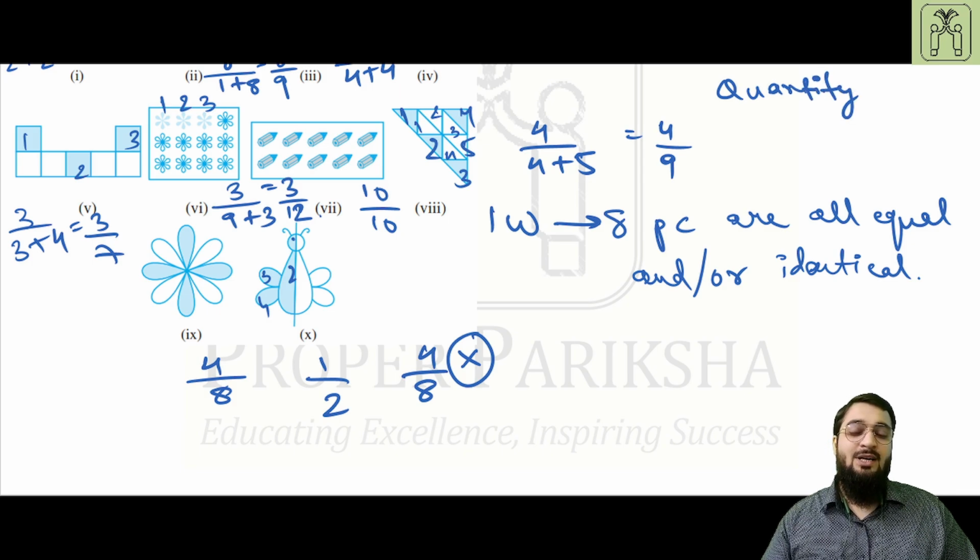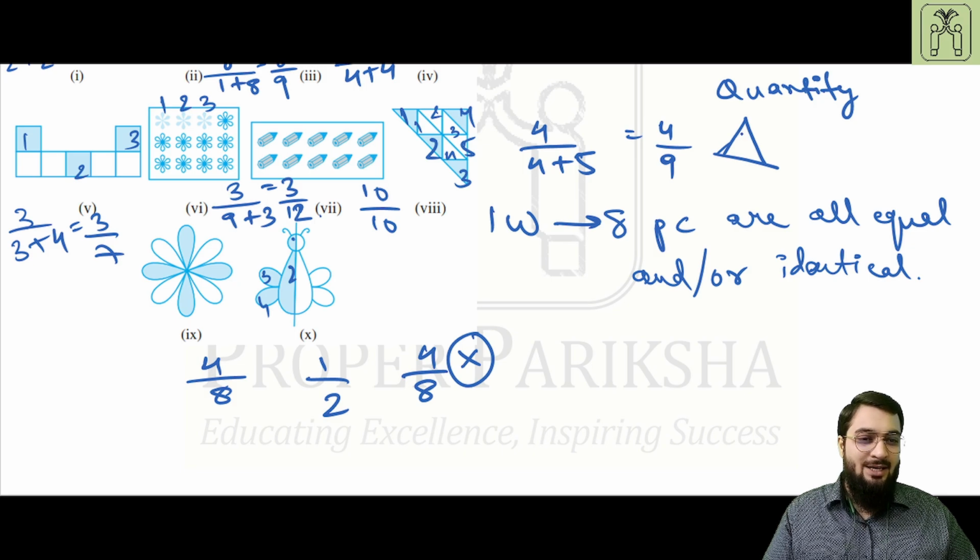So if it is related to shape, for example if I divide a triangle into four parts of the same shape, then they are equal and identical. But if I divide the triangle into four equal parts on the basis of area, then it is not necessary that all four parts will be identical. They may be equal in terms of area but not identical.